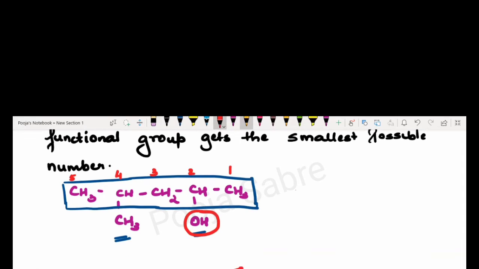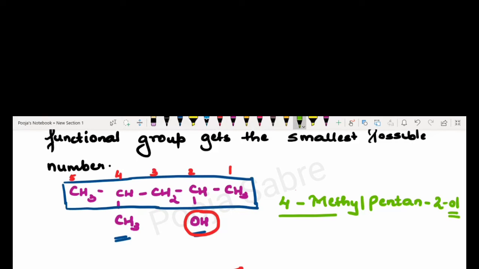So the naming, in this case, I'm going to write as 4-methyl. This is my prefix, followed by the suffix. So 4-methyl, and then I will write pentan-2-ol. Remember, OH is the hydroxy group and the functional group is alcohol.